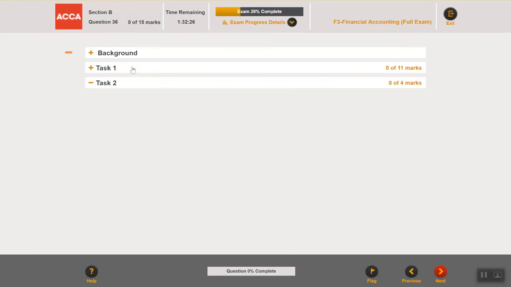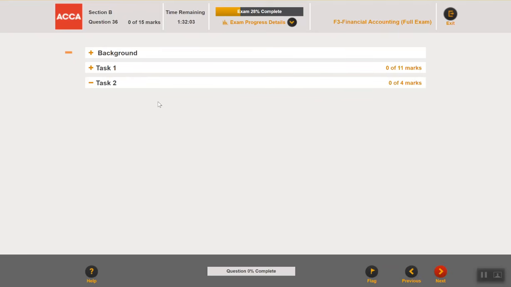This background information can be used for task 1 and task 2. But what is in task 1 does not have any connection with task 2, and what is in task 2 does not have any connection with task 1. So each of the tasks should be answered separately. They have a connection with the background, but they don't have a connection with each other.